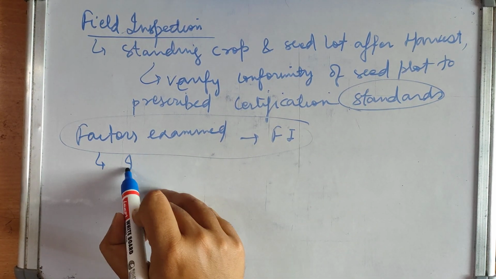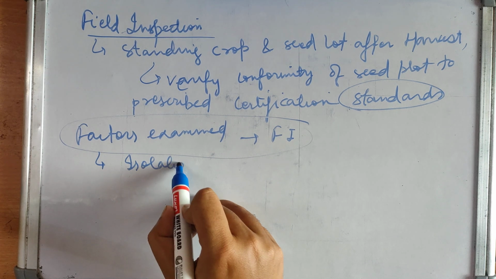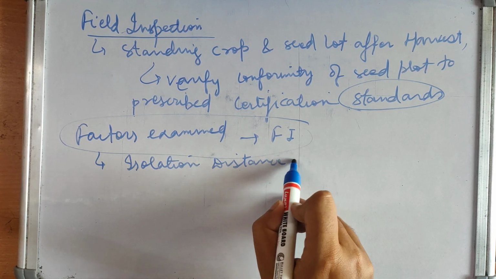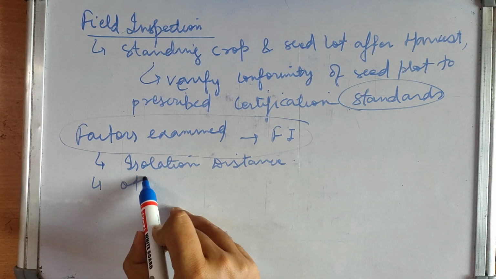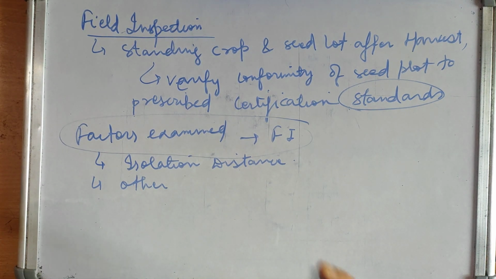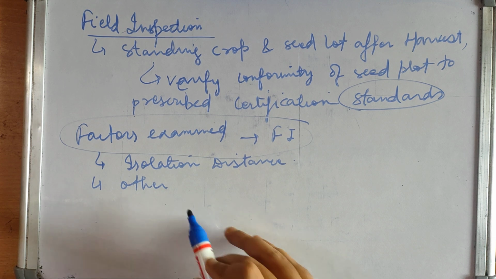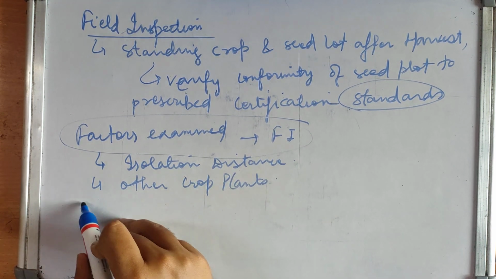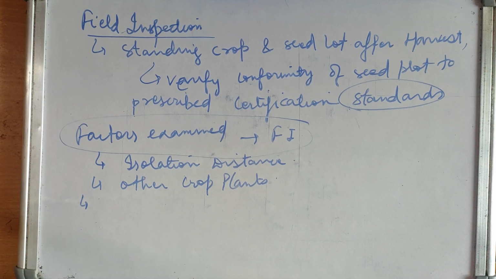We examine isolation distance, and other crop plants other than the seed crop plants, because due to other crop plants cross pollination can happen. There could be contamination in our seeds.